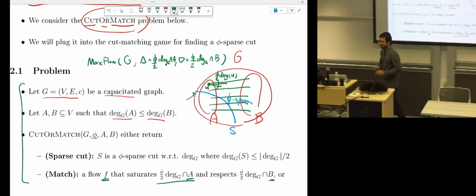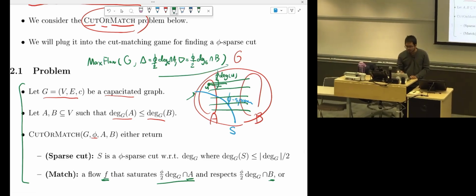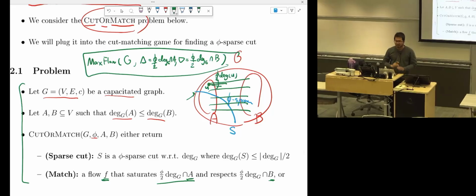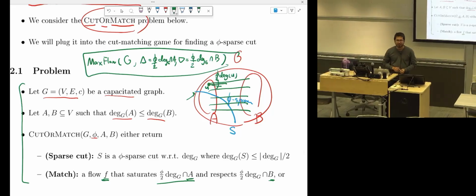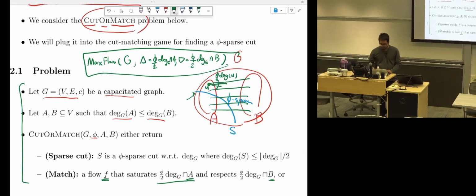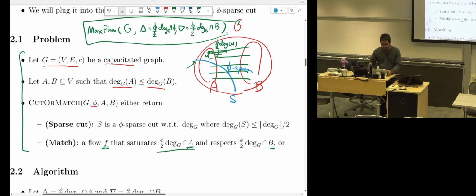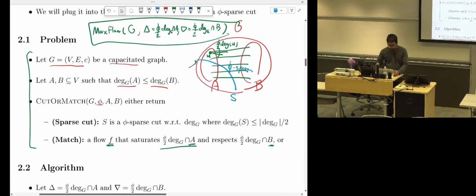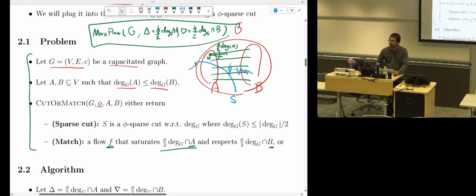Okay, so this is just the algorithm we learned before if we use black-box MaxFlow, but we will not use it now. We're gonna do it ourselves. More questions?